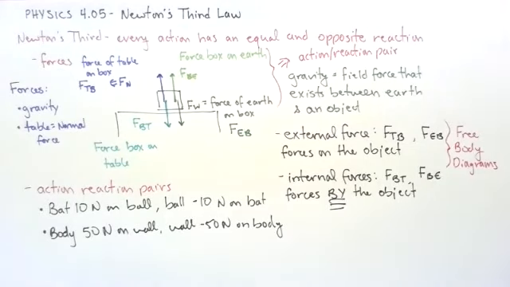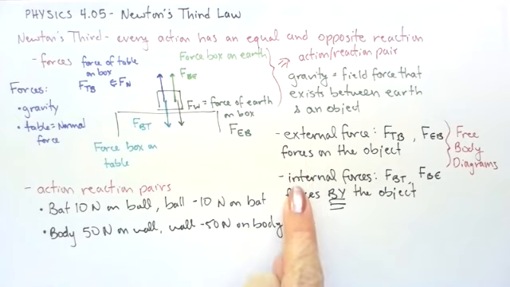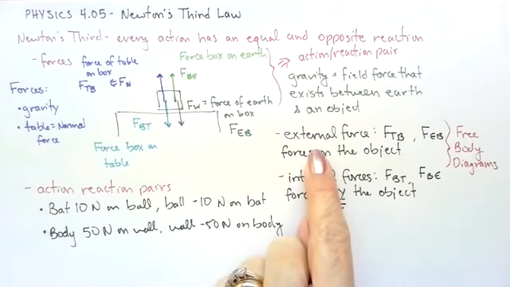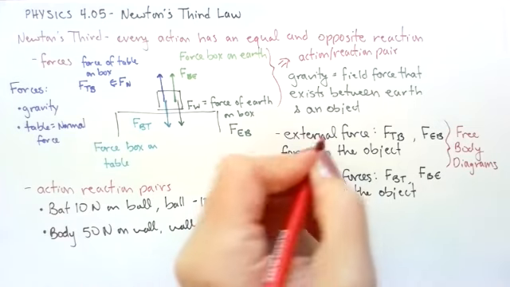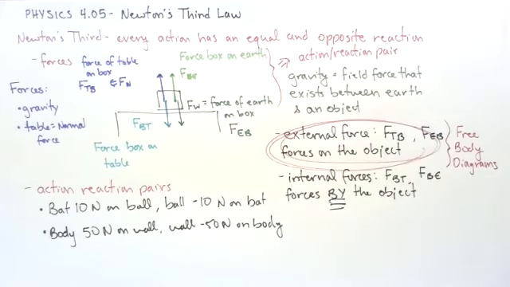One of the common thought problems you'll run into is that people will say, well, if a horse is pulling on a cart, the cart really shouldn't ever move because there's an equal and opposite force of the cart on the horse and the horse on the cart. Well, the incorrect statement there is you're analyzing an action-reaction pair. You're taking one external force and one internal force. If you're going to analyze motion of an object, you have to look at all of the external forces. That's where it's at.